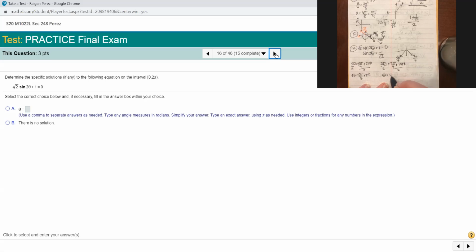And theta is equal to 7 pi over 8 plus pi k. Now I need all the answers that are less than 2 pi. So starting with this one, I got 5 pi over 8, right? To add pi, you would be adding 8. So 5 plus 8 is 13.